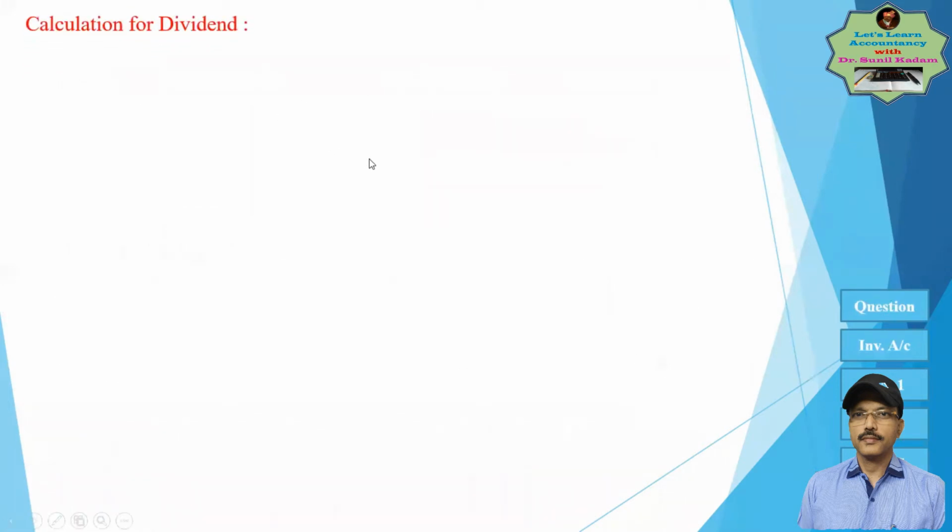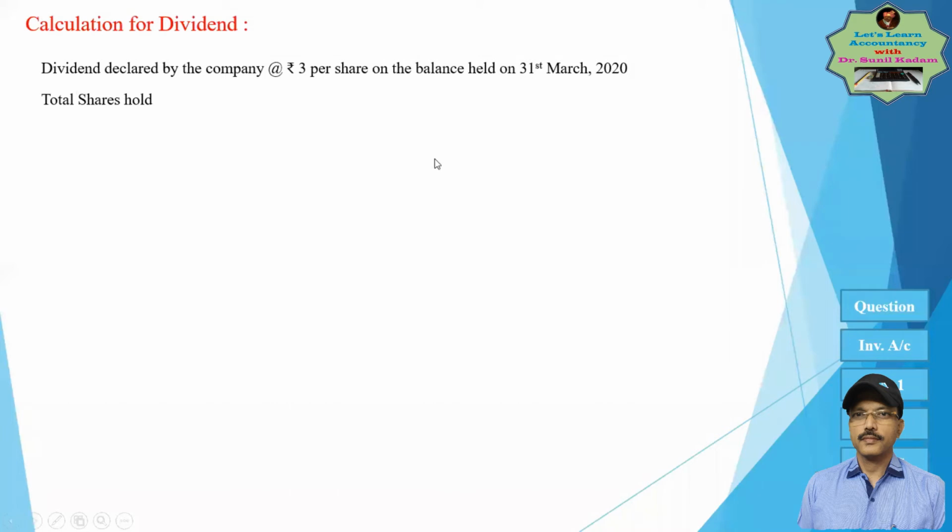Calculation for dividend. The company declared a dividend at the rate of rupees 3 per share on the balance of 31st March. So we knew this. Therefore, total shares held by Mr. Ashok are 5,000, right? Out of that 5,000, the bonus was received on 15th July.